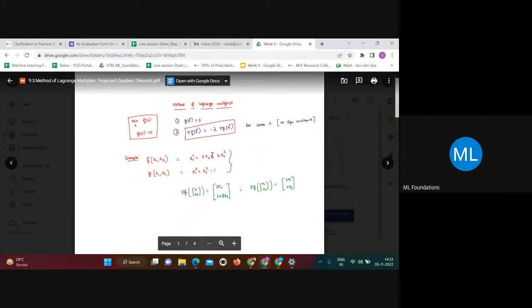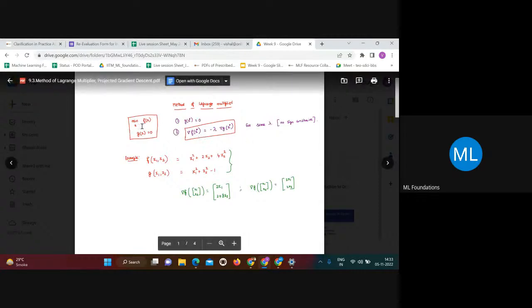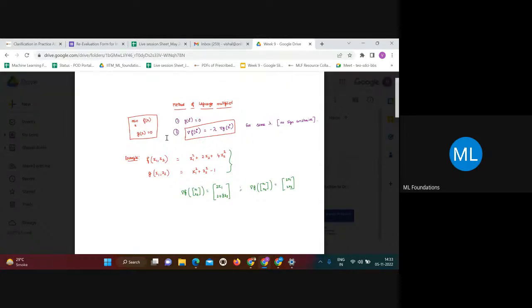So the method of Lagrange is this one. If you have to solve a problem where you have been given the optimization problem as f of x, you need to minimize, you need to get some x where the function is minimum. And you have to satisfy this condition also: g of x equals the constraint function should hold this equality.